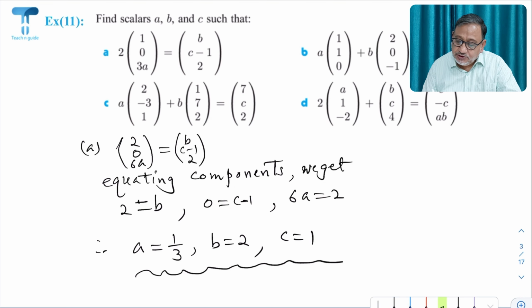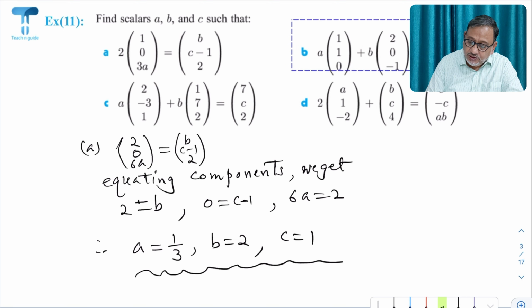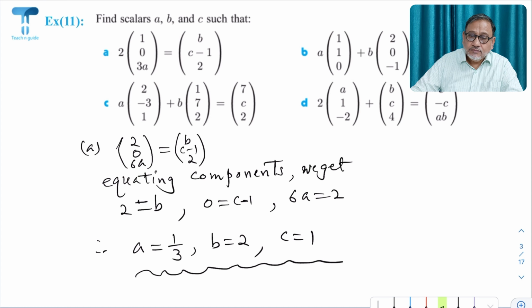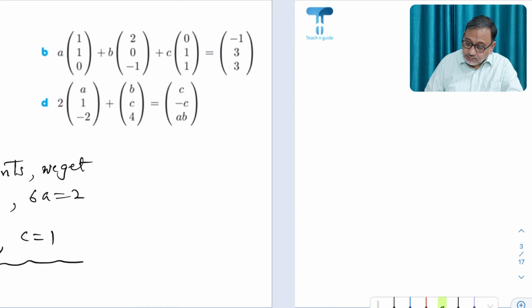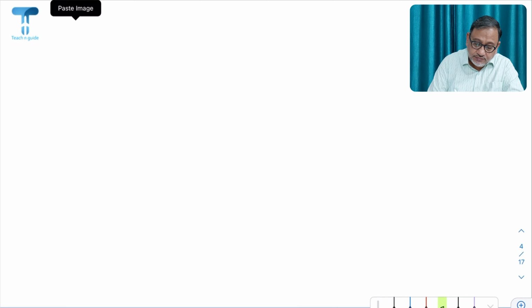Then which one should I do? Okay, let me do the next one also, because there are 3 unknowns. I will copy it on the next page.